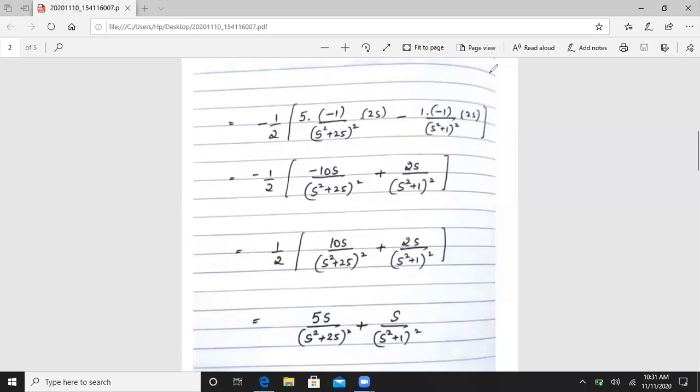Next, when we simplify this function, we get minus 5 into minus 1 into 2s, which becomes minus 10s, plus minus into minus plus, 2s as it is, divided by s square plus 25 whole square plus s square plus 1 whole square.